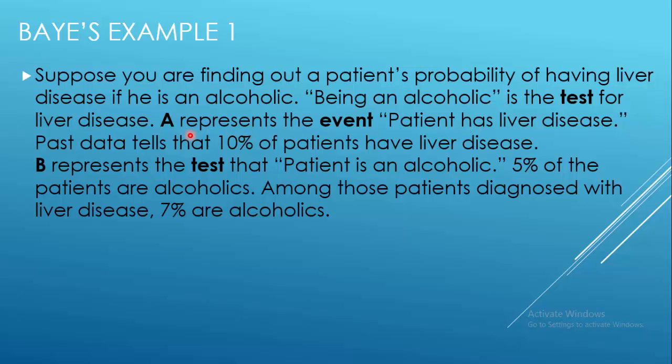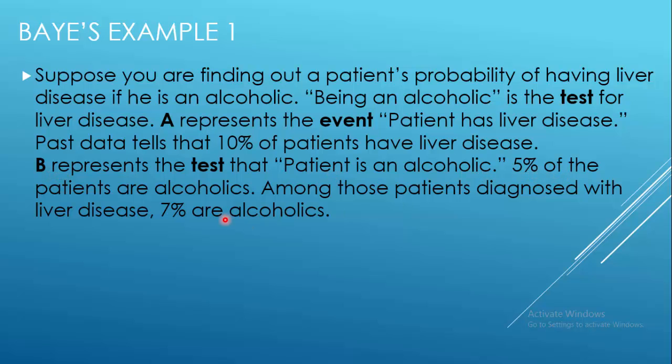That is event A. Past data tells that 10% of patients have liver disease. So altogether, of the patients who have come for the test, 10% have liver disease. B represents the test that the patient is an alcoholic. So being an alcoholic is represented by event B.